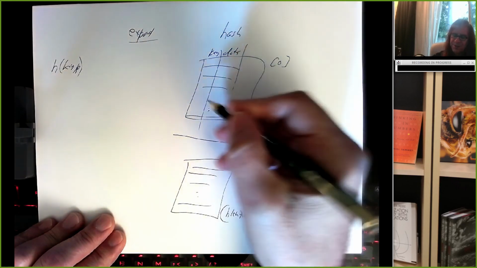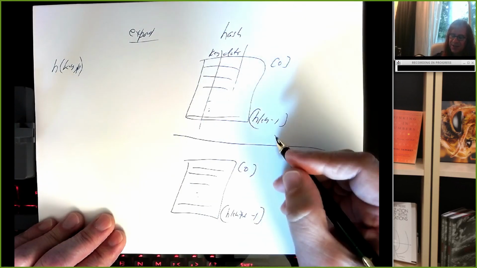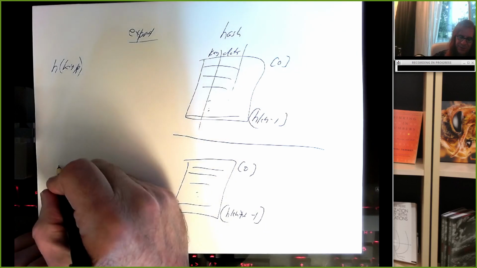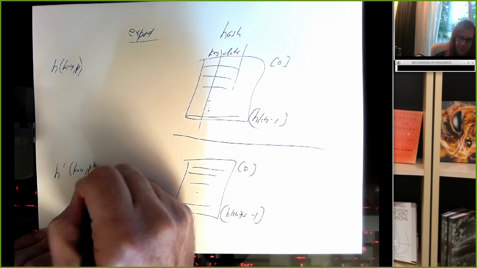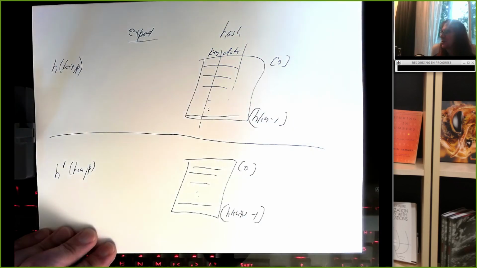So you iterate over this, you pull out each of your key data pairs that exist in this table, so check the in-use flag. And for each of those, you use some new hash function, because at different table length, you're going to have a different hash function.